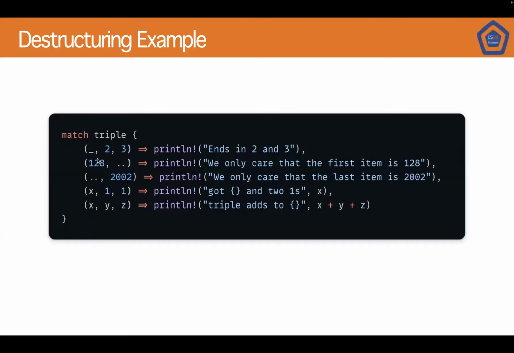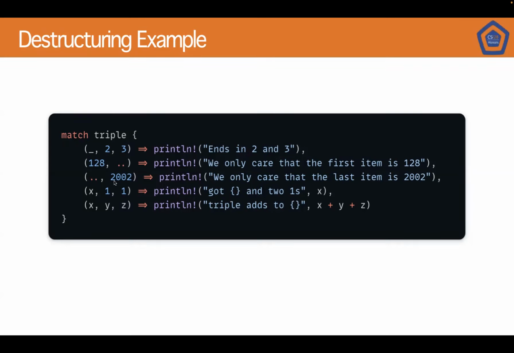So we are looking for 128 in the first position, and we don't care what comes after it in the last two positions of the tuple. The third arm is very similar. However, for this one, we don't care about what comes in the first two positions of the tuple. We only care that the last item is 2002.